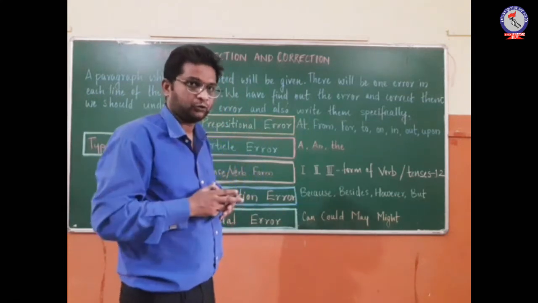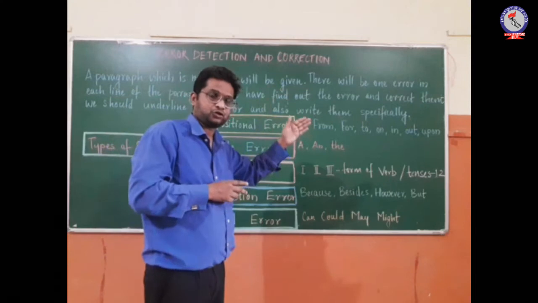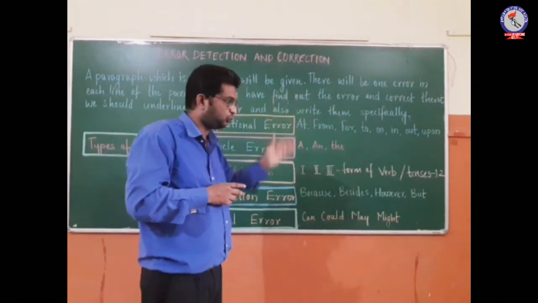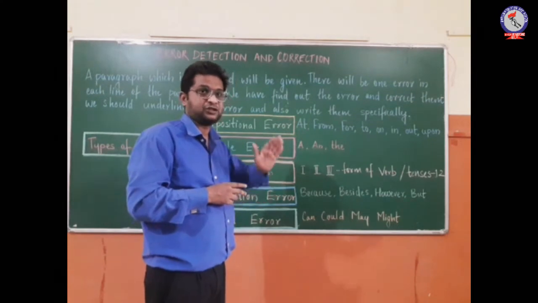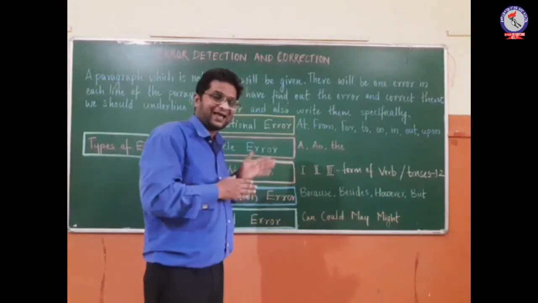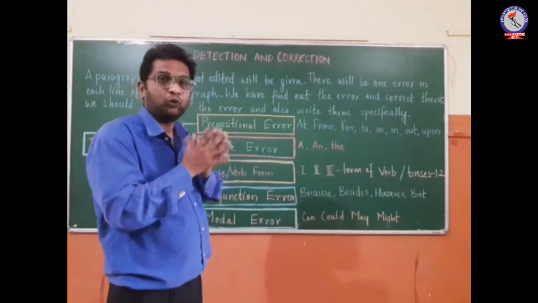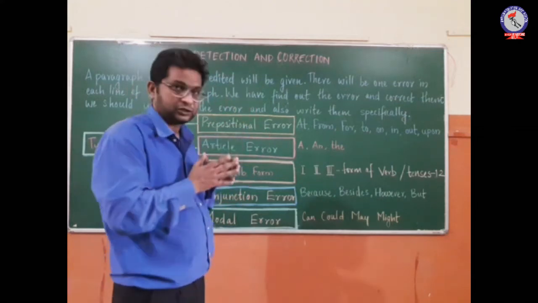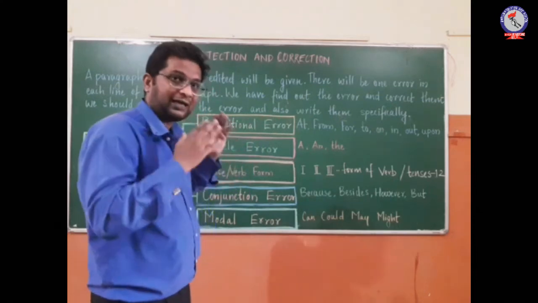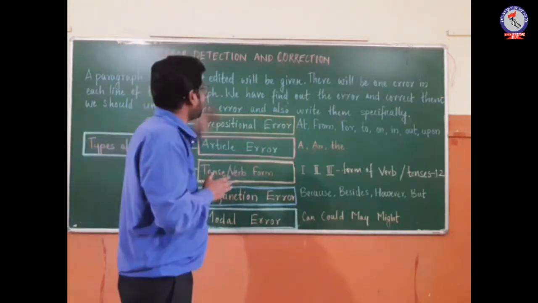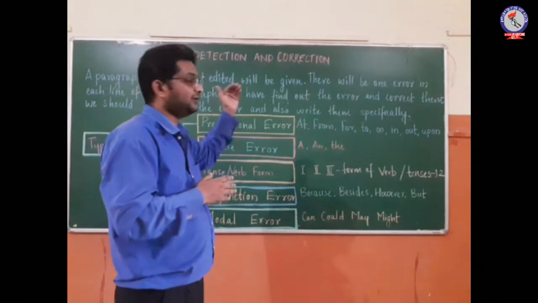So what we have to do is write the incorrect word in the given space where it is supposed to be written, and the correct word in the given space where it is supposed to be written. So this is all about error detection and correction.